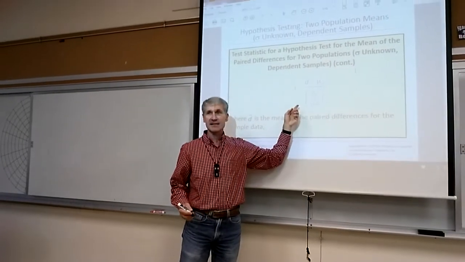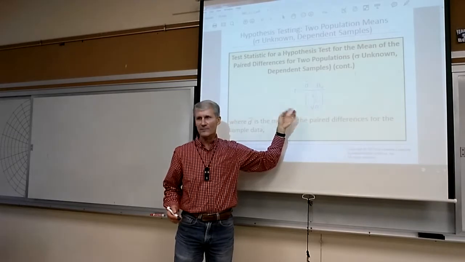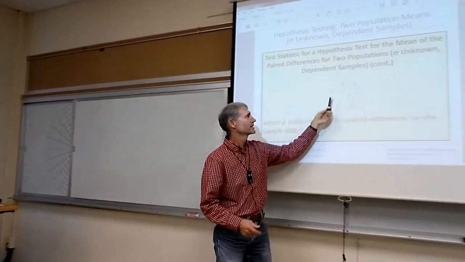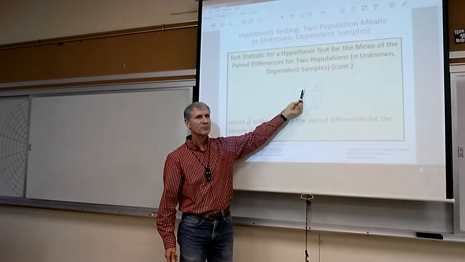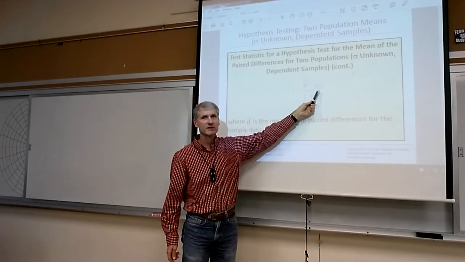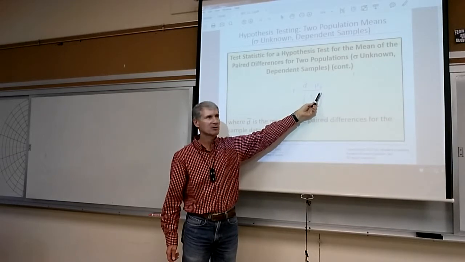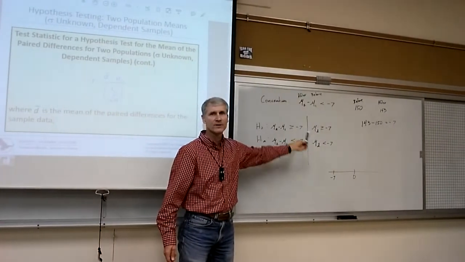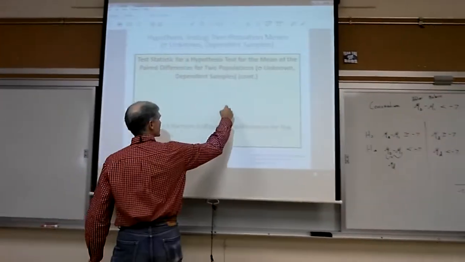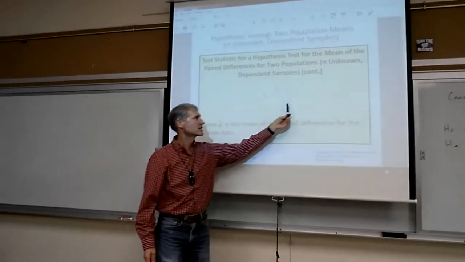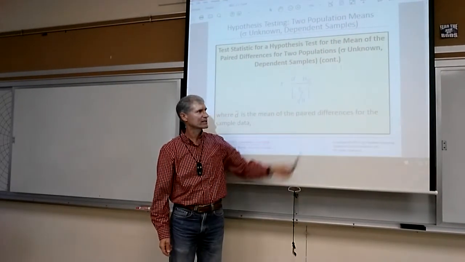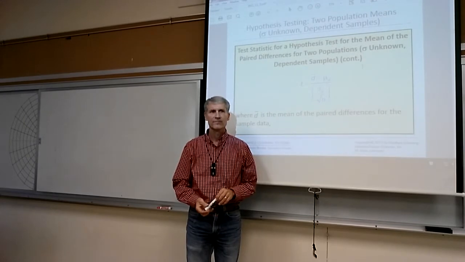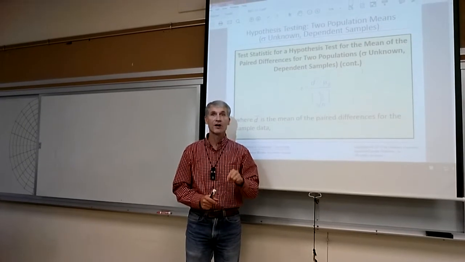This is the formula for a test statistic. That should look familiar; we've had that before. Test statistics are set up so that it's the sample point estimate of the mean difference minus the hypothesized value, divided by the standard error. So the standard error uses S sub D. Now what is S sub D? Good, the standard deviation of the differences.